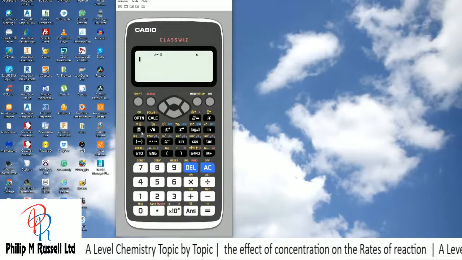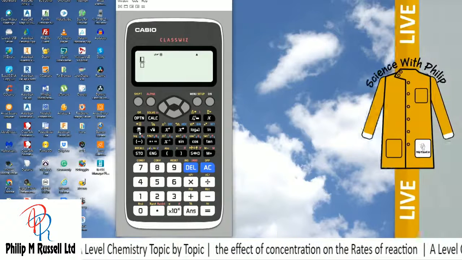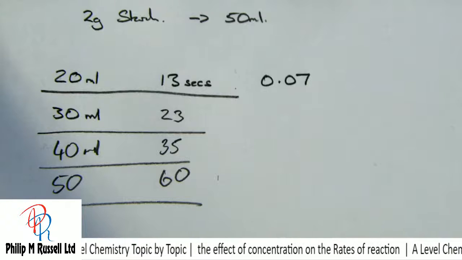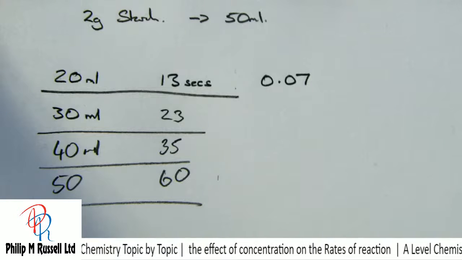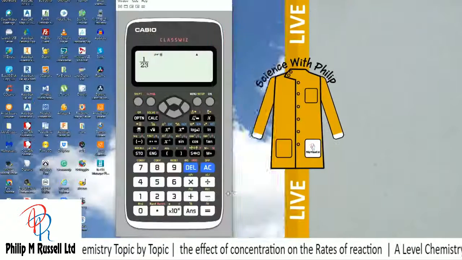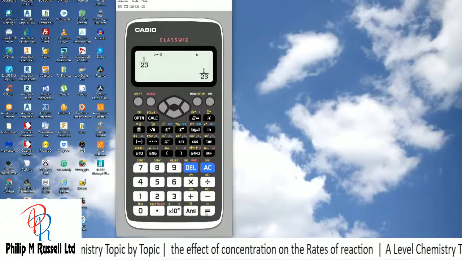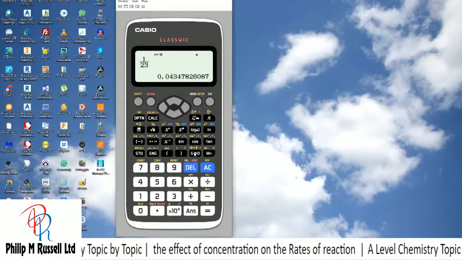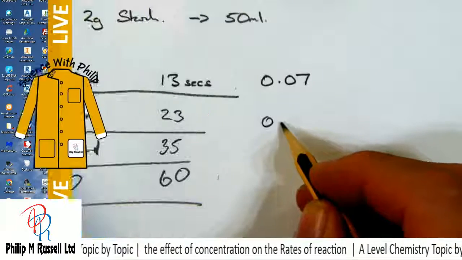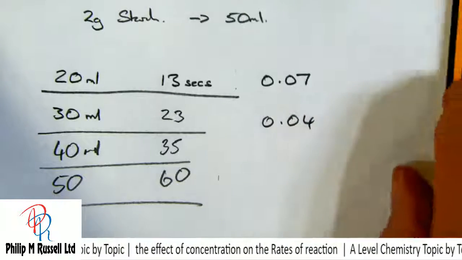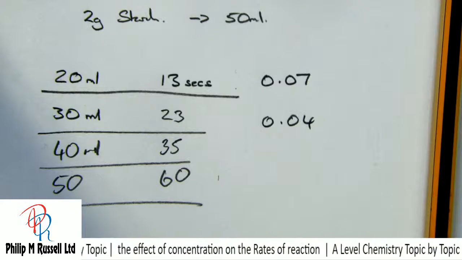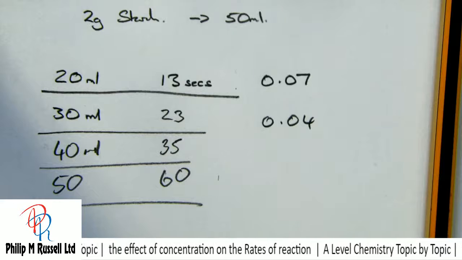We can do 1 over the next time, which is here 1 over 23, and that's going to give me 0.04. We can do the next one, which is 35.